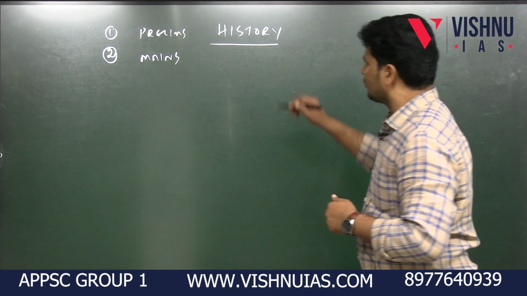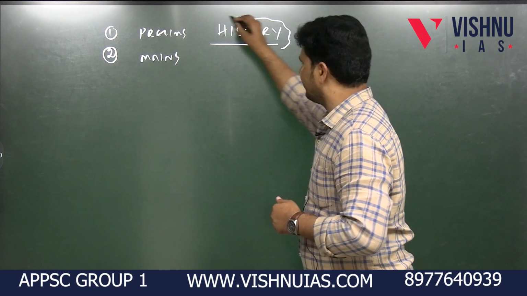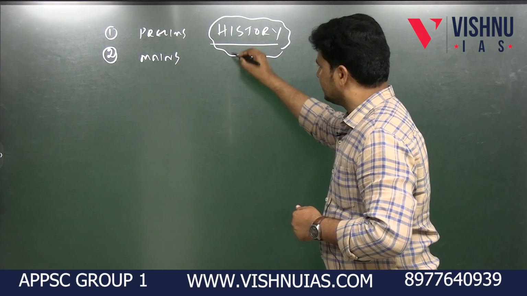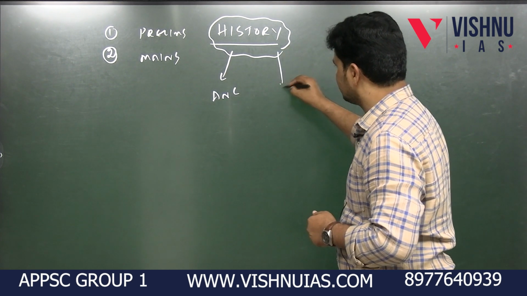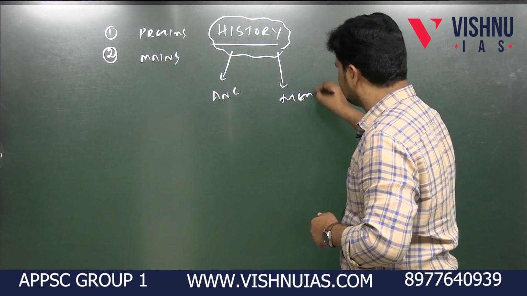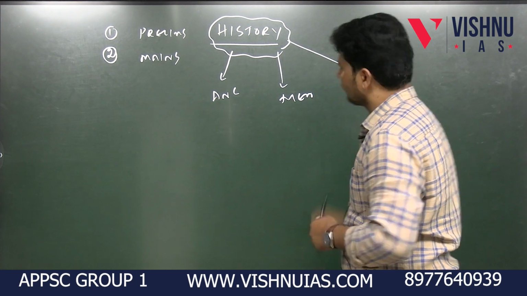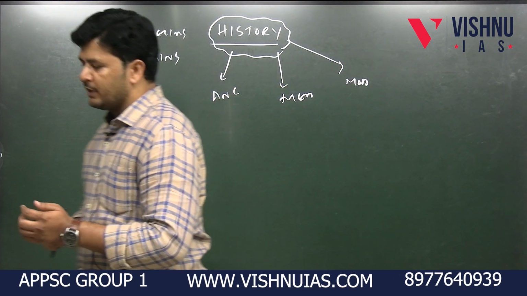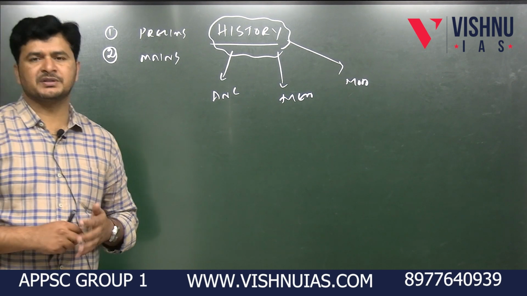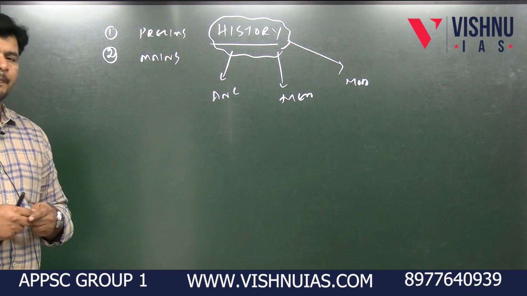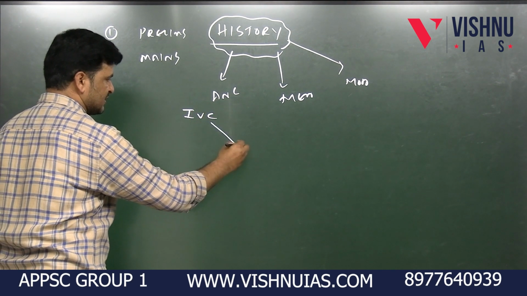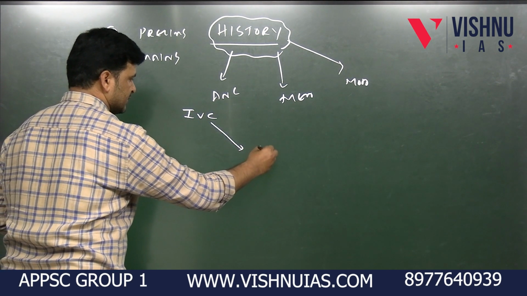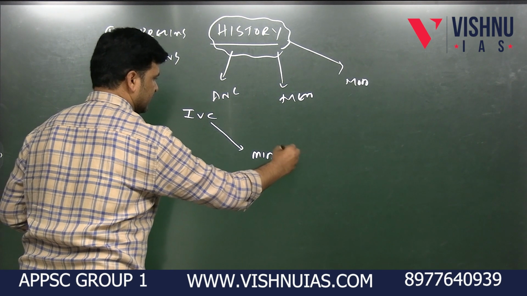Those who are preparing for competitive exams are quite aware of that. We have 3 components in history: ancient, medieval and modern. So ancient Indian history, medieval Indian history and modern Indian history. In ancient Indian history, we have topics right from Indus Valley civilization to mid 8th century AD.